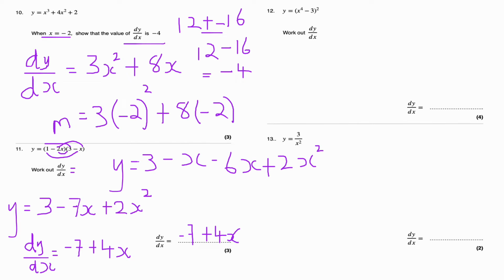Question number 12. I've got y equals x to the 4 minus 3, all squared. Work out dy by dx.